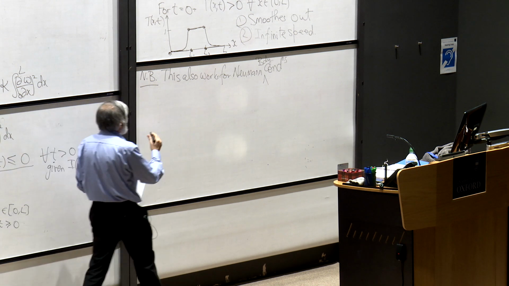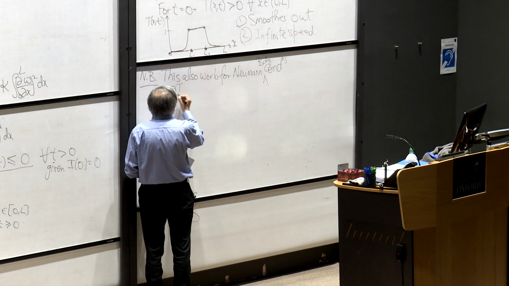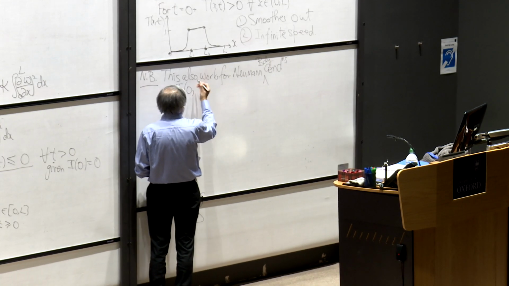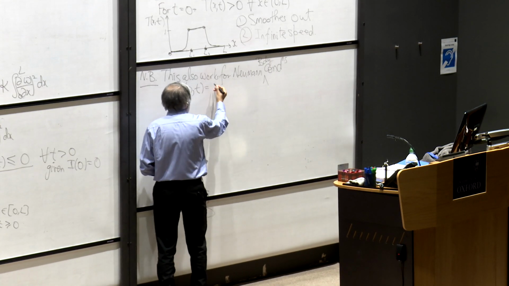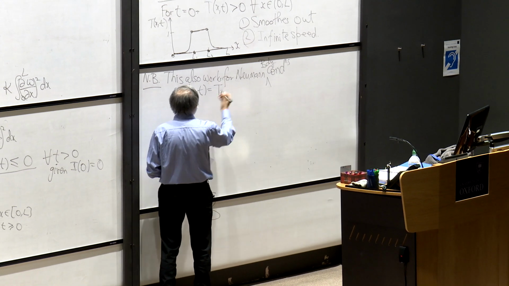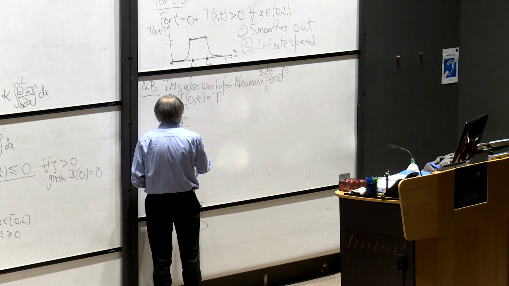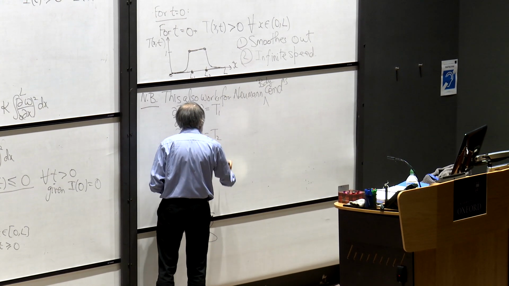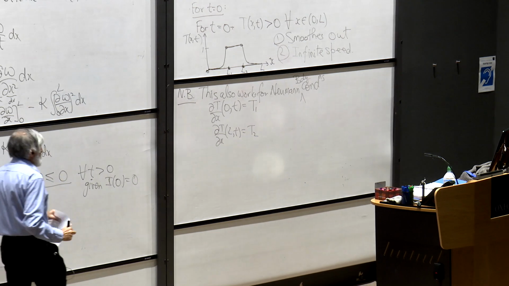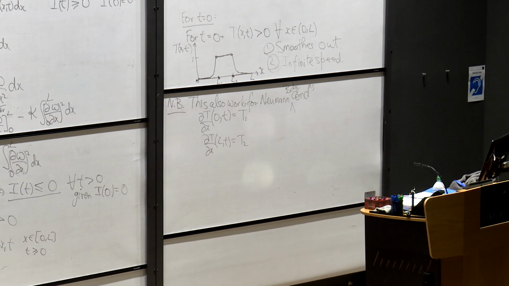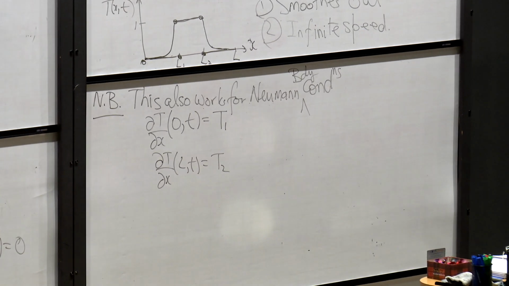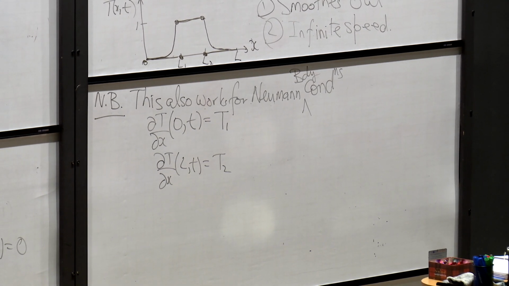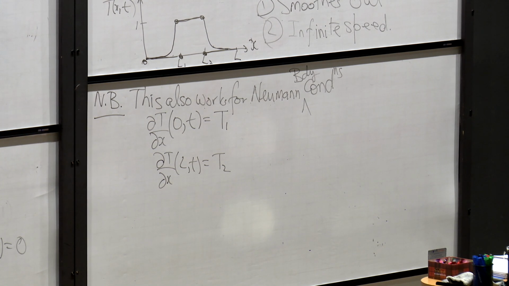So if we had conditions that dT/dx at 0, t was equal to T1 and dT/dx at L, t was equal to T2, then w would satisfy dw/dt is equal to 0, dw/dx is equal to 0 at 0 and L. And so this would be 0.